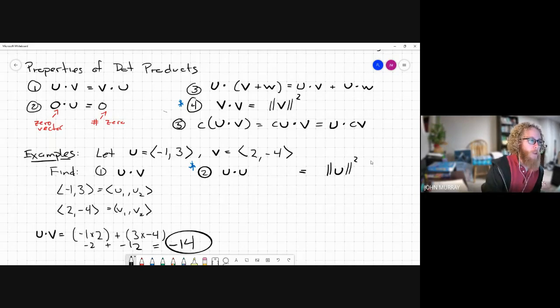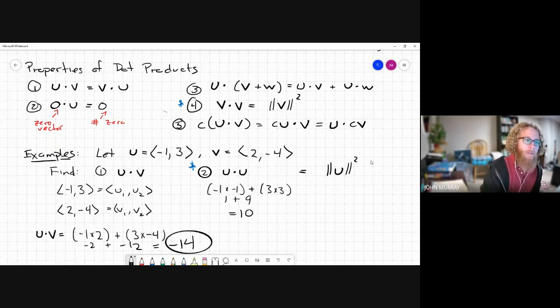Using the dot product of u with itself, I'm going to have -1 times -1 plus 3 times 3. This gives me 1 plus 9, so I get 10. So if I do u dot u, I get 10.